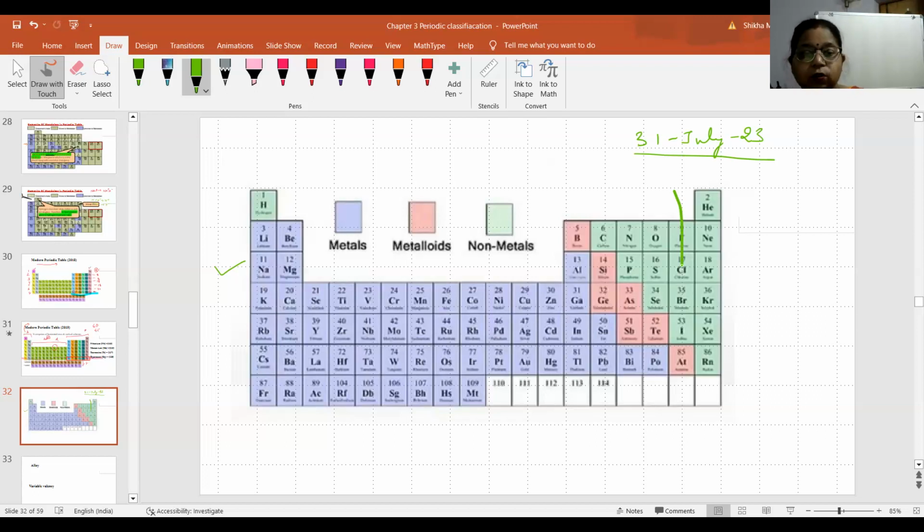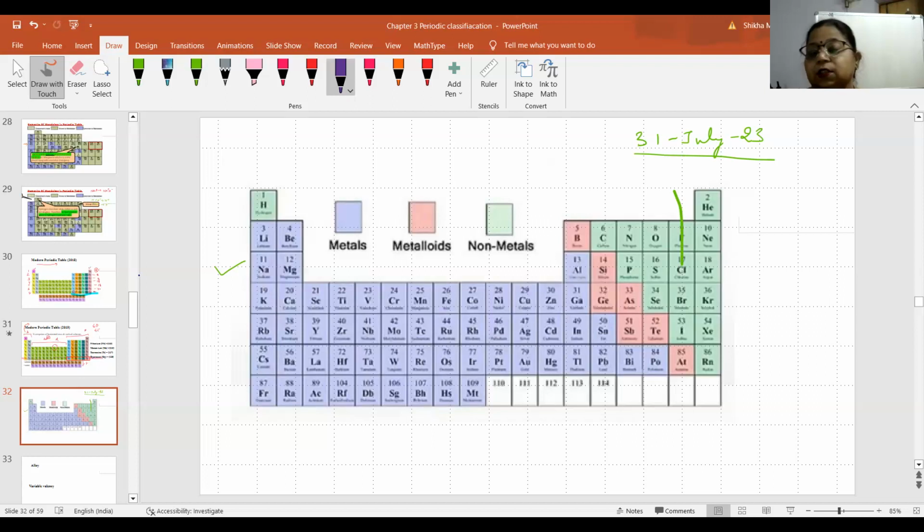The elements drawn in, say, an orange pinkish type of box: boron, silicon, germanium, arsenic, antimony, tellurium, and astatine, are believed to be metalloids. Please remember, Shweta, your definition was correct, but we have to remember that metalloids show some properties of metals and some properties of non-metals.